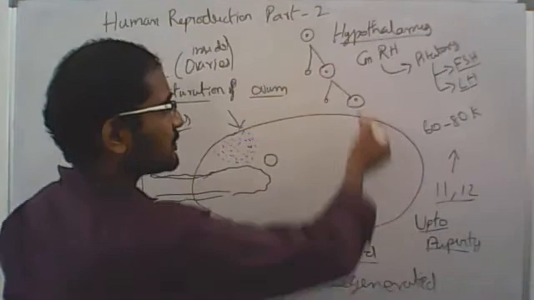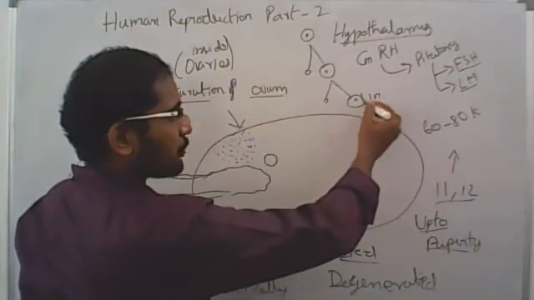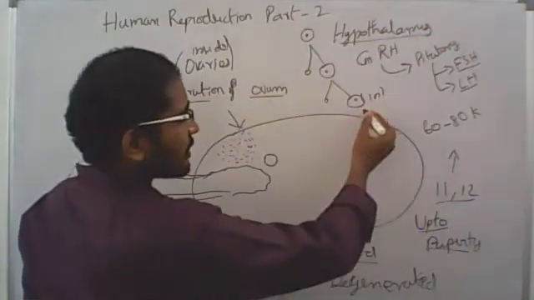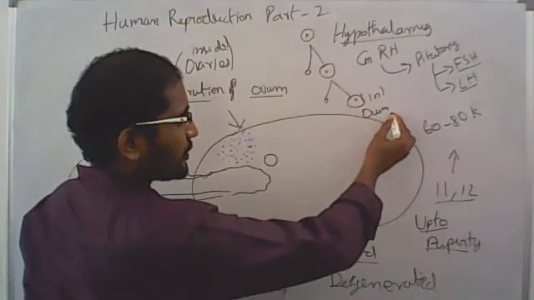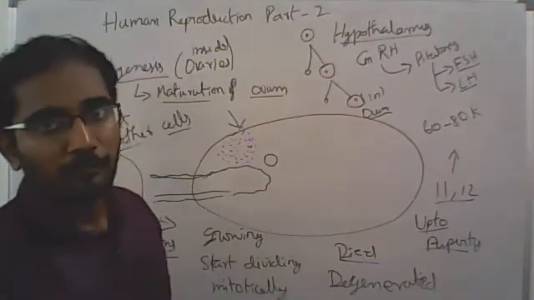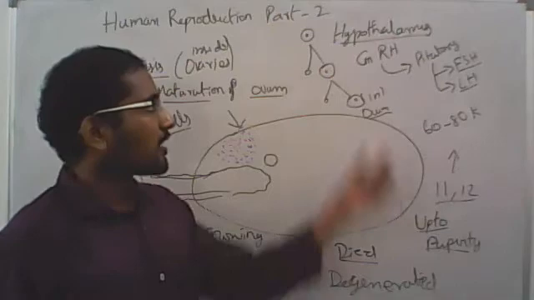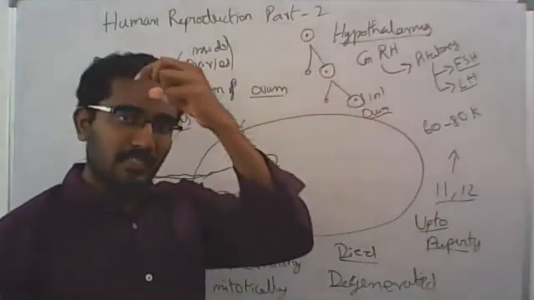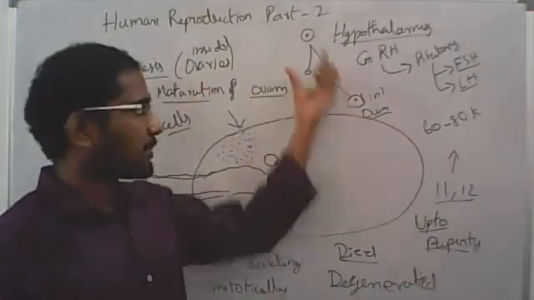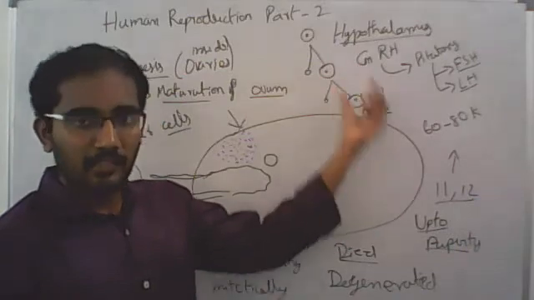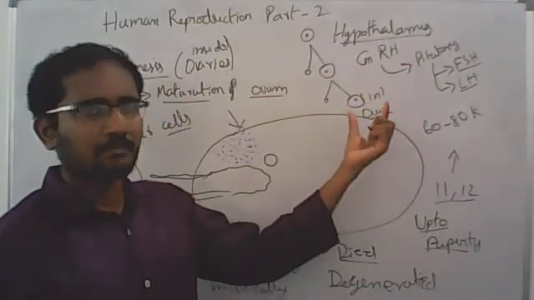The second one now divides. It is a 1n haploid cell, and it is going to mature to be an ovum in the ovaries. This is how cell division happens inside the ovaries. This is just the basics. We will discuss that in detail in the next session.